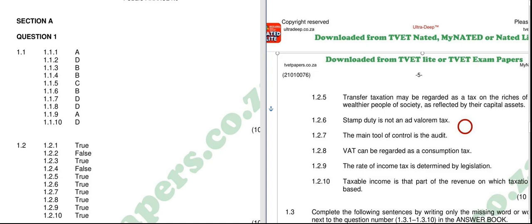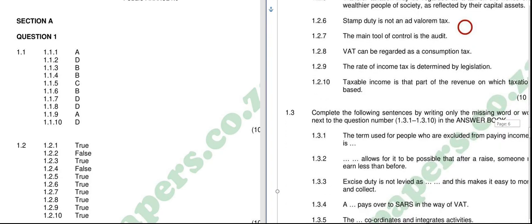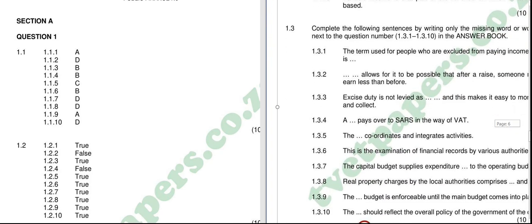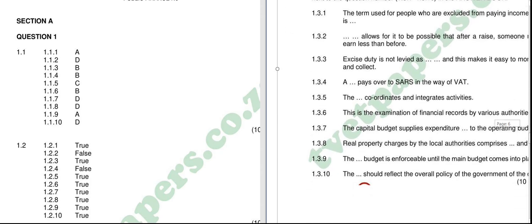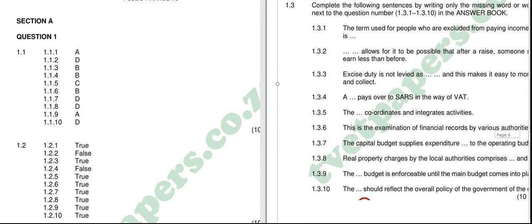So moving on to 1.3. We have to complete the following sentences by writing only the missing word or words next to the question number. Of course, the first one, the term used for people who are excluded from paying income tax.